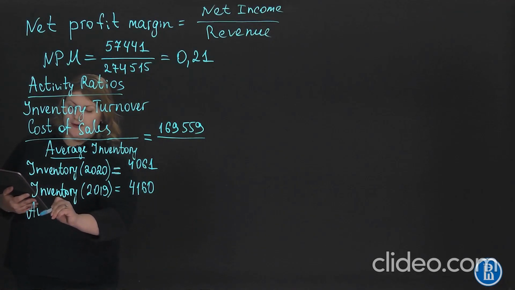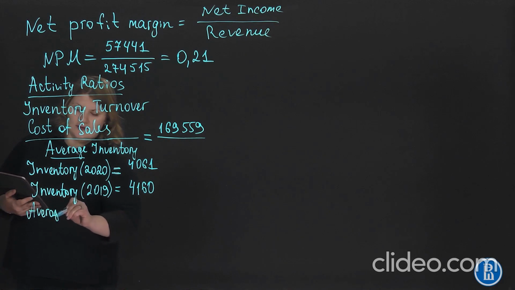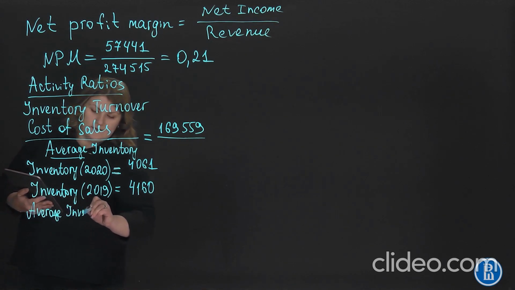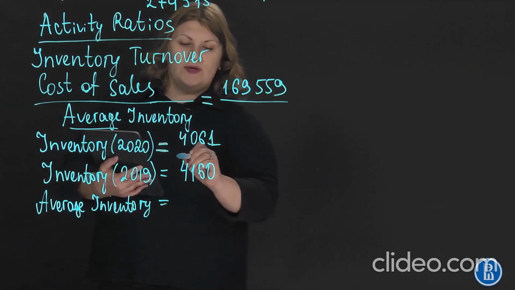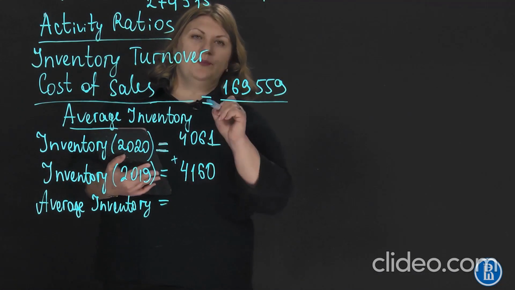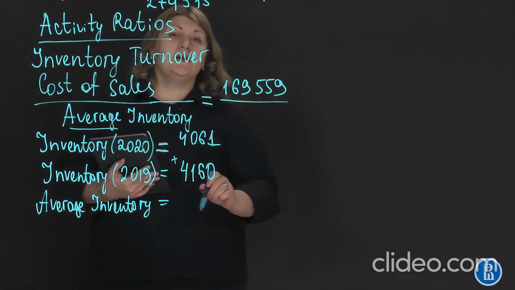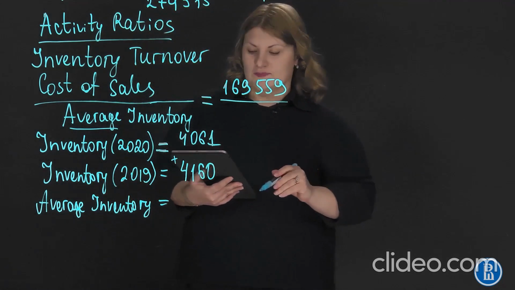Now we need to find average inventory, which will be just adding both figures and dividing into the number of figures.